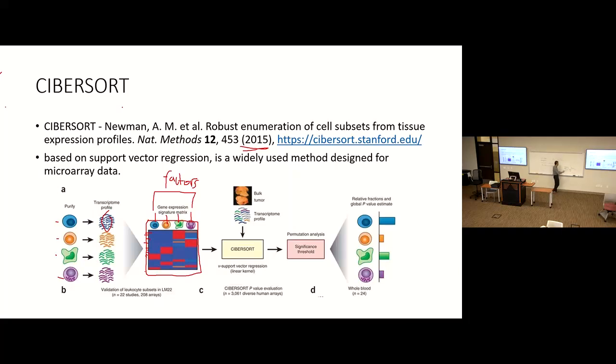You want to know, for each sample, the values of this. Bigger values indicate the sample has a higher fraction of that cell type. Some samples may only have cell type 1, 100%.